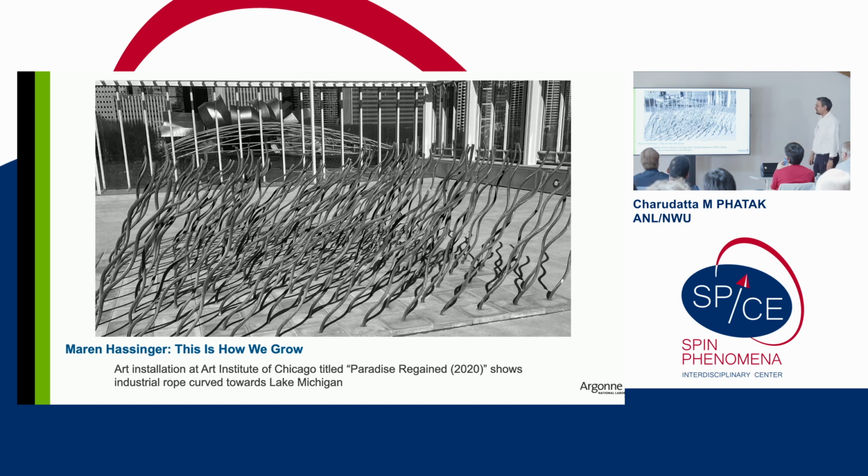This was actually an art installation at the Art Institute of Chicago by an artist called Maren Hassinger. Interestingly, it was called "This Is How We Grow." It basically shows some industrial rope that is curved, pointing towards Lake Michigan. I just thought it was cool, and you can see the projections of these. It can look nicely spiral.